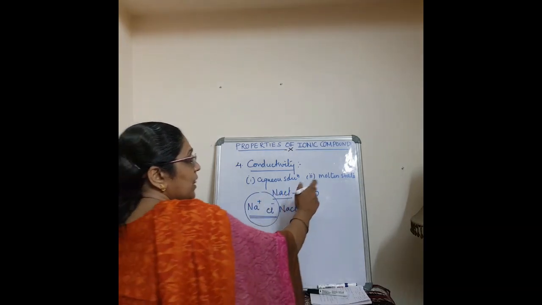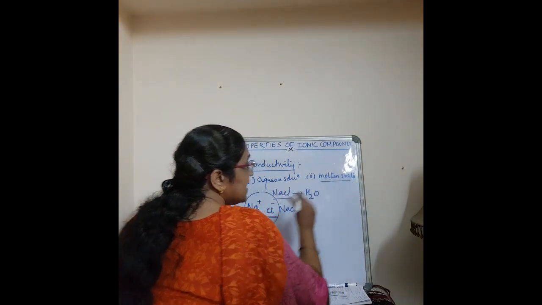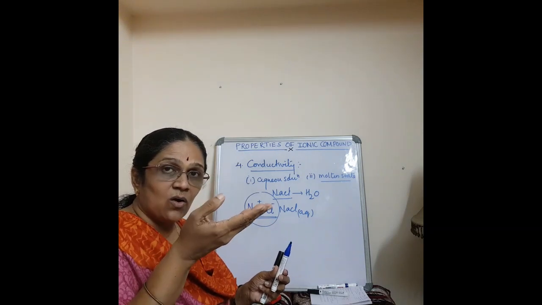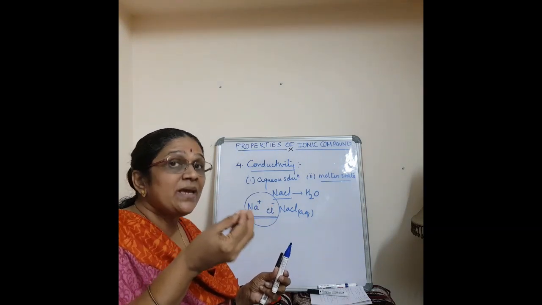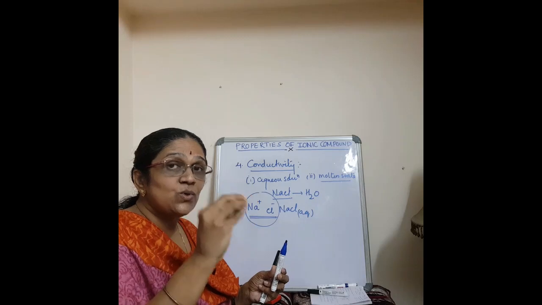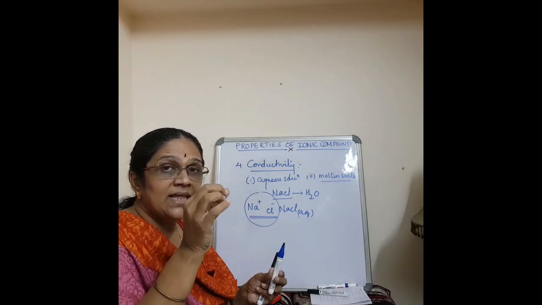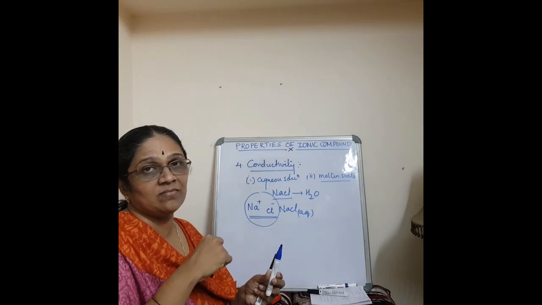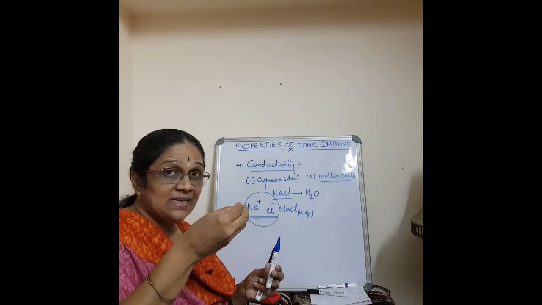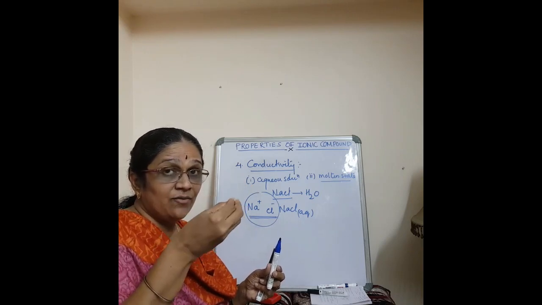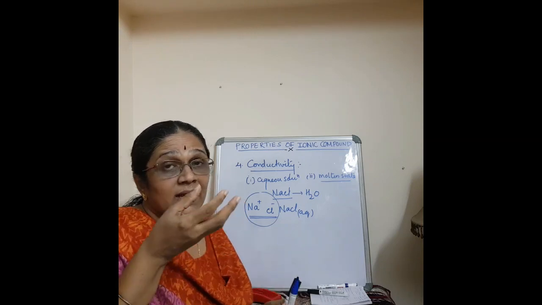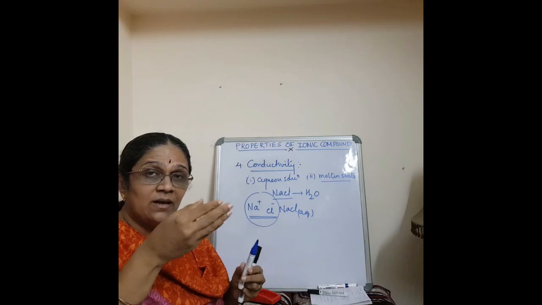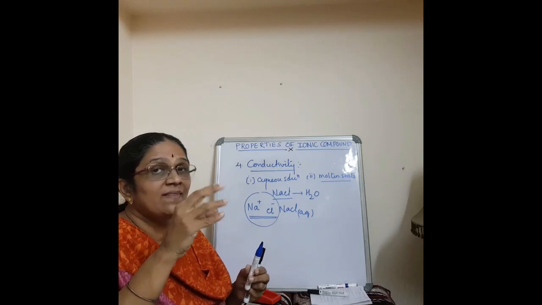Okay. So what happens in the molten state, we are giving heat energy. Okay. When we heat that salt, the heat which we give is used for breaking what? That electrostatic force of attraction. Okay, and the heat we gave is for the breaking of that bond, and then what happens?